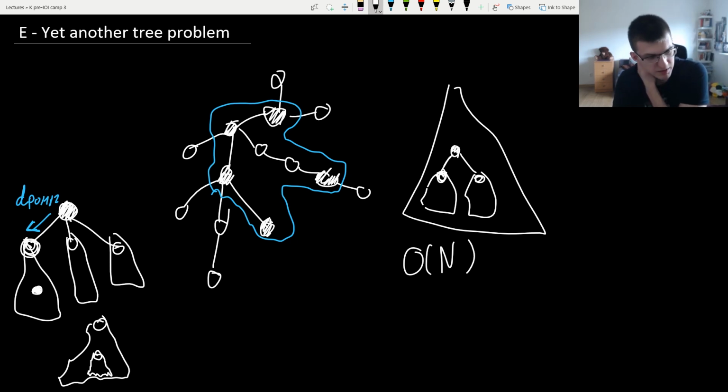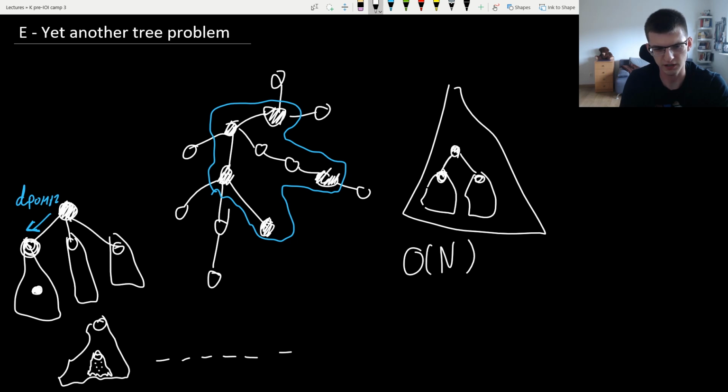Then maybe I can build a segment tree, and for every vertex inside, I compute initially the length of the path that leads there, and I build a sequence over that after computing pre-order and post-order, to change the tree into a sequence.